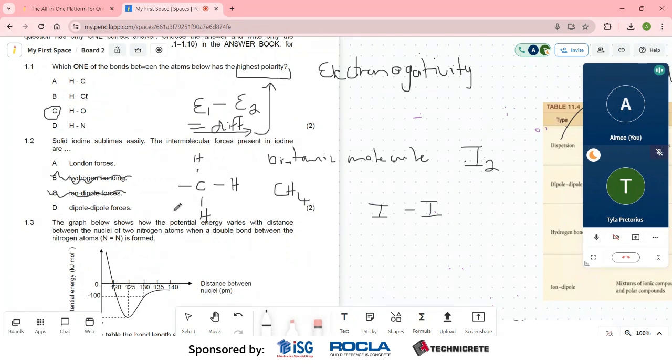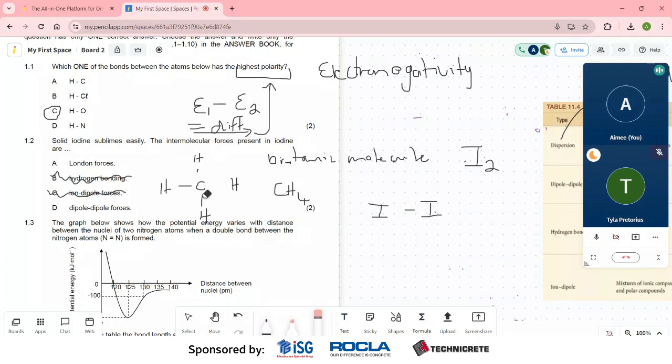Okay, it's got the same atom all the way around it, which means that the electron distribution will be the same the whole way around the molecule. So this is a non-polar molecule and is not considered a dipole. So you'll see this is symmetrical, so it's not polar.